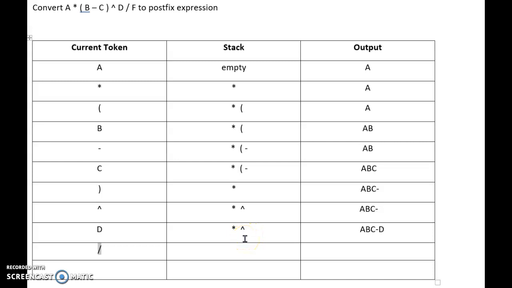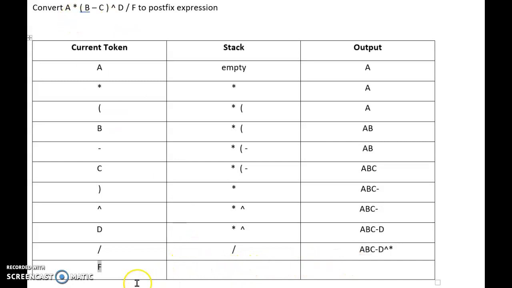So we pop off what was already on the stack, which was multiplication. Now just the division goes on our stack. I just explained why: we popped off the caret because division was lower, and we popped off the multiplication because you can't keep two tokens of the same precedence level on the stack at the same time.